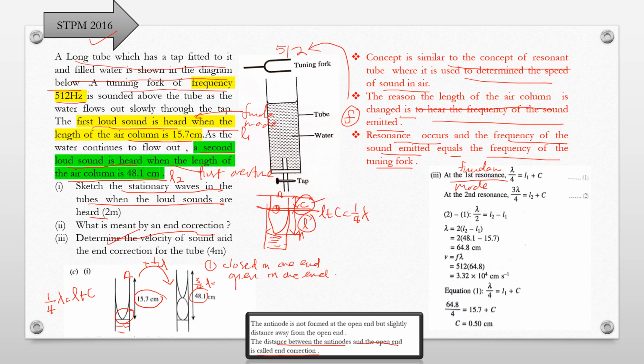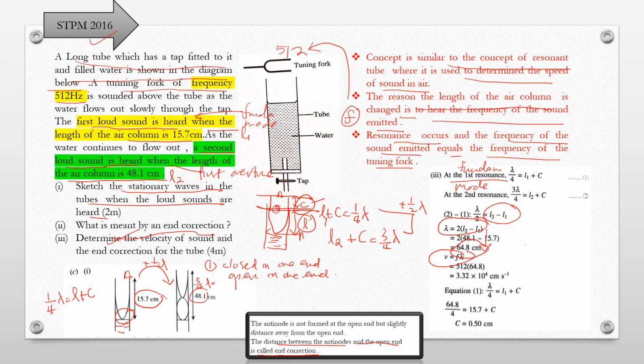For the second one, because this one is L1, for the second loud sound, L2 plus C equals 3 over 4 lambda, because from here to here you add half lambda. Then you solve your maths like in class, and you get your answer for lambda.